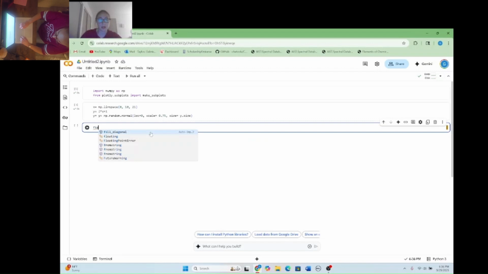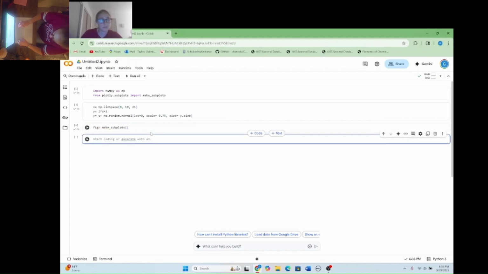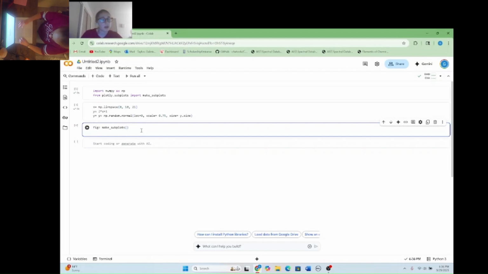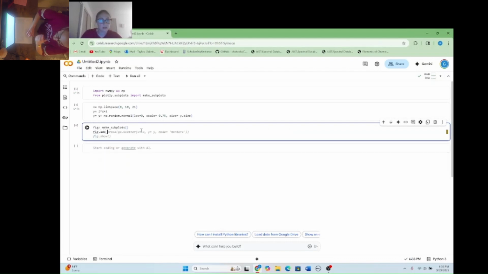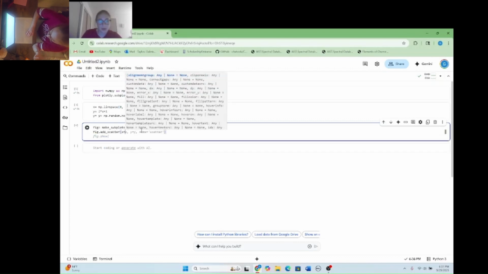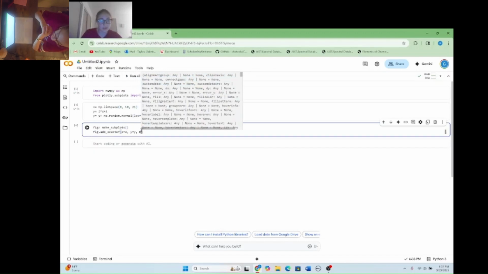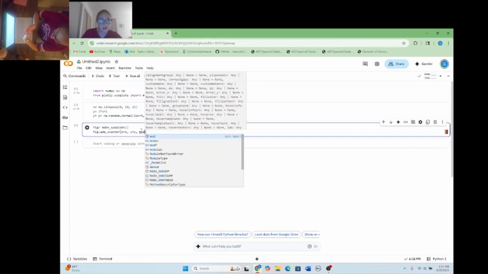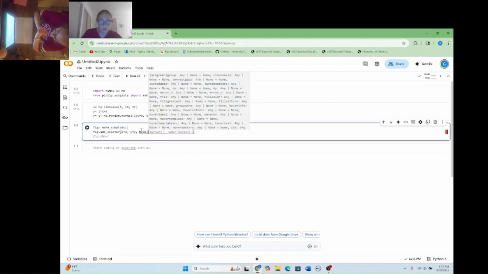So fig equals make_subplots. And then from this, we're going to add fig.add_scatter. So x is going to equal x, y is going to equal our y, and then we're going to have our mode equal to markers.